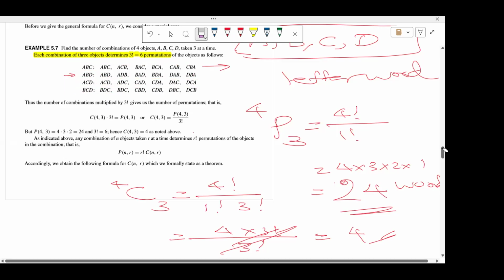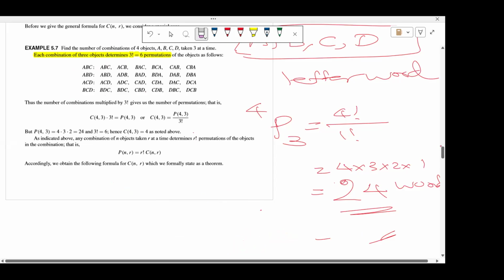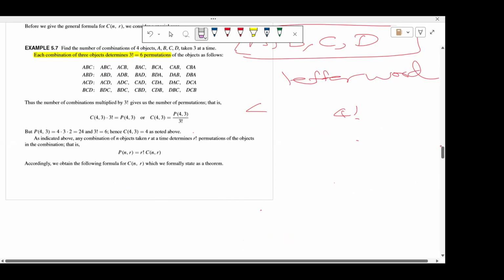So this is the relationship between permutations and combinations. Any questions? If you don't have any questions, we will move on to the exercise.